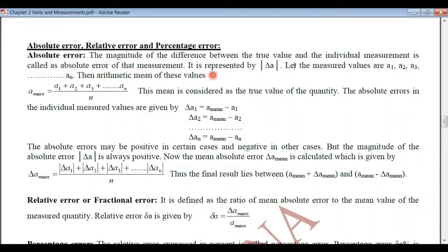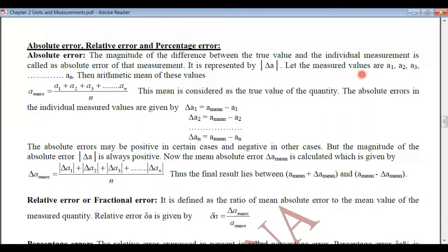We find the arithmetic mean of these values, which is (A1 + A2 + A3 + ... + An) divided by the number of observations, that is n. Now this mean value will be considered as the true value of that quantity. This mean value is the actual value.